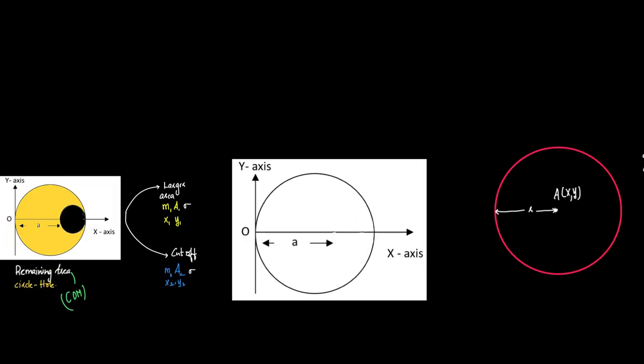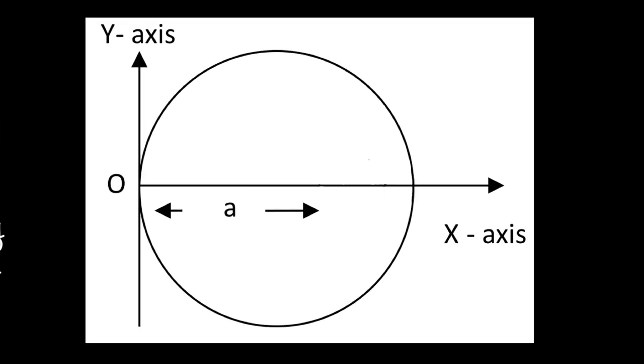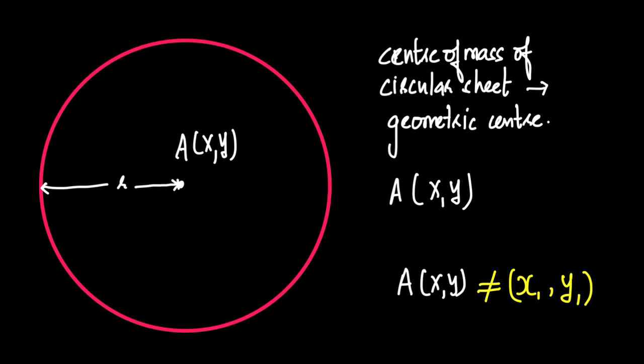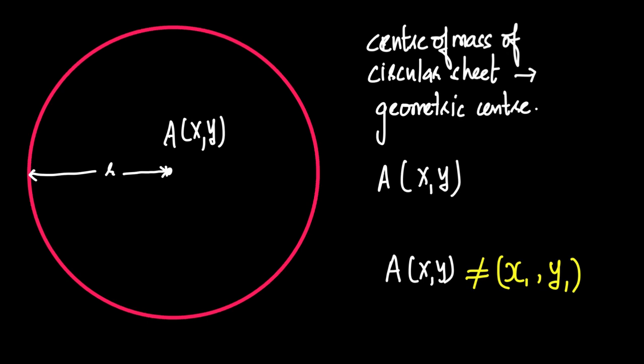Now, let us first consider the larger mass alone, which is the larger circle with a radius a. So, what is the center of mass of a circular sheet? We know that the center of mass of a circular sheet will overlap with its geometric center.